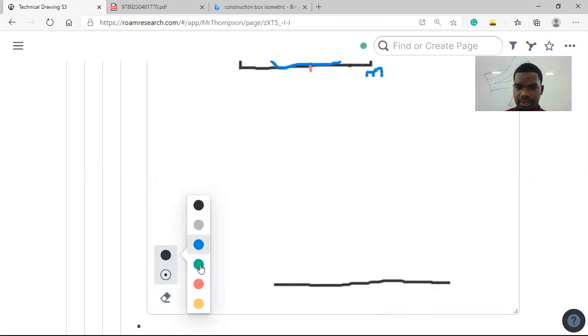Then we're going to put a vertical and then create a 30-degree angle going this direction, and then another 30-degree angle. In other words, it could be 150, but it's the same principle going that way.